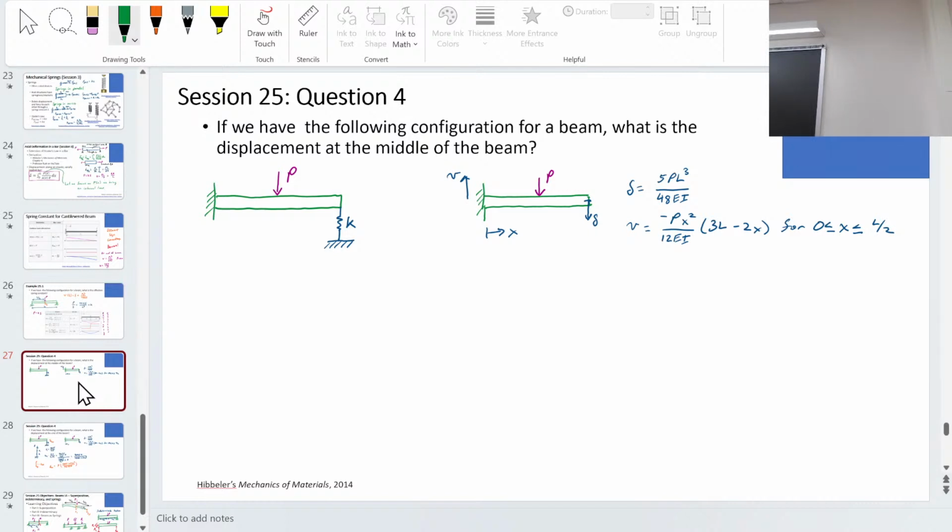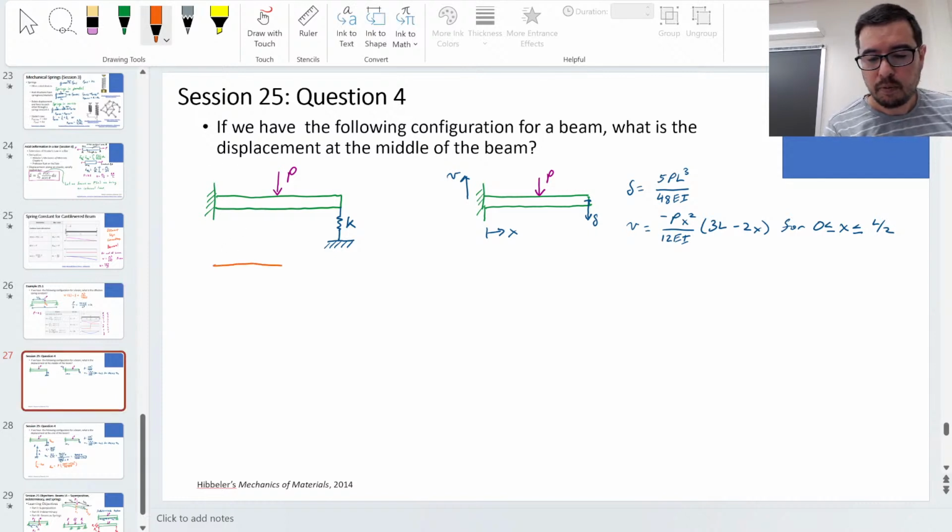Okay, that's halfway, thank you. So this is the distance L, and this is L over 2.